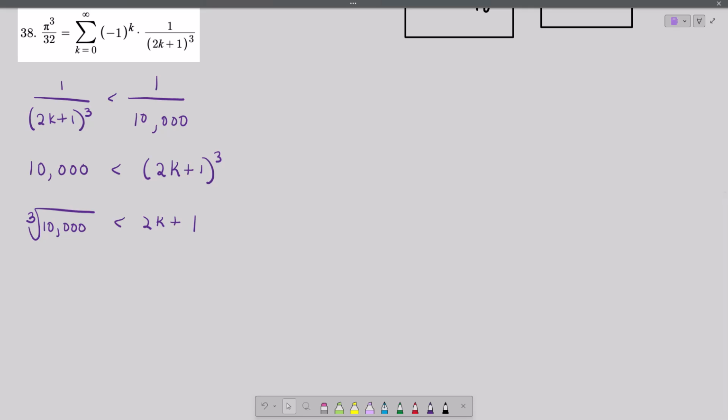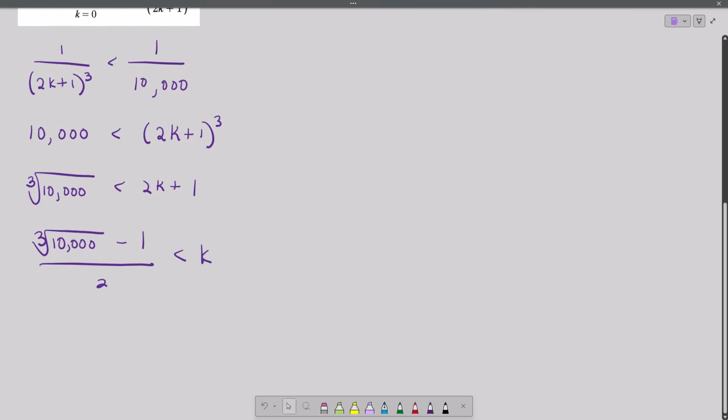Let me know if you're stuck on it, if you need a little jab. Who's got the first integer k value that satisfies this?